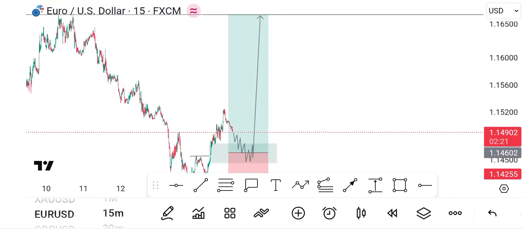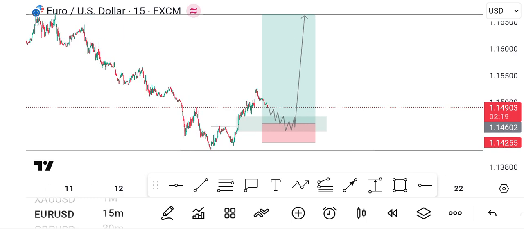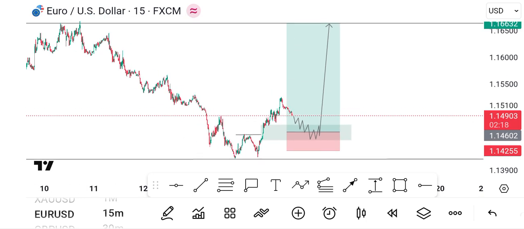I believe you've gotten the analogy correctly. So this is how I trade, and this is what we should be looking out for on EURUSD.